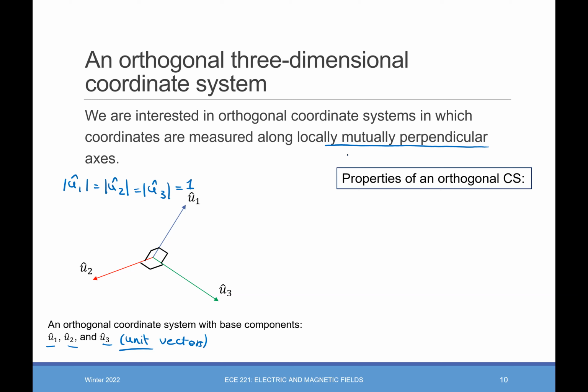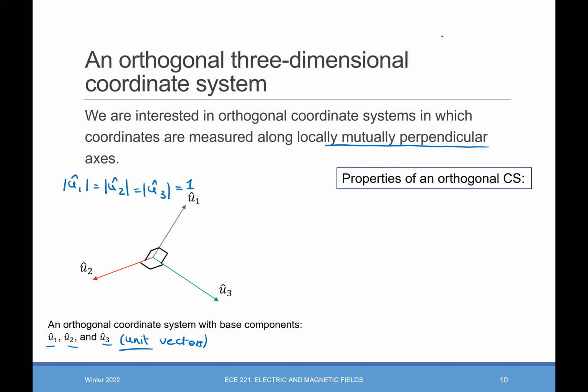Do you remember how we define perpendicularity of 2 vectors? I'm going to refresh your memory. I'm going to write it right here. Let me finish this slide. I'll go back to your question.